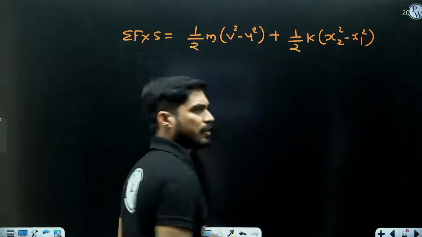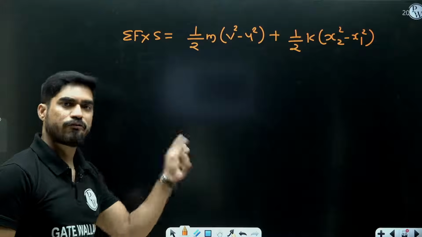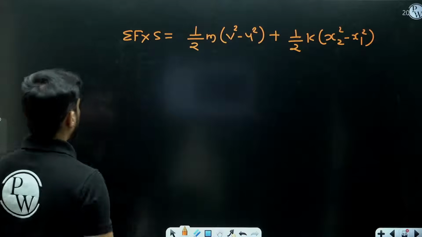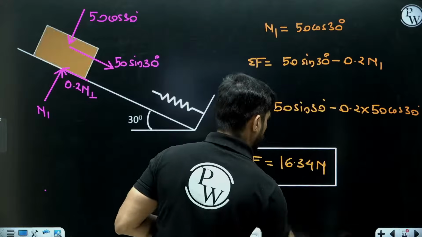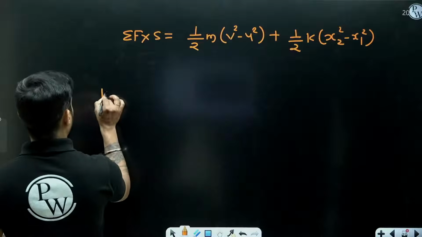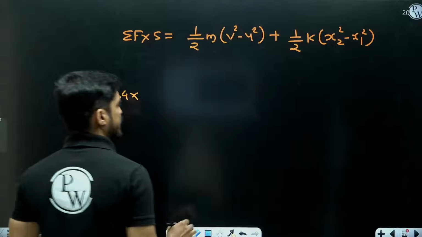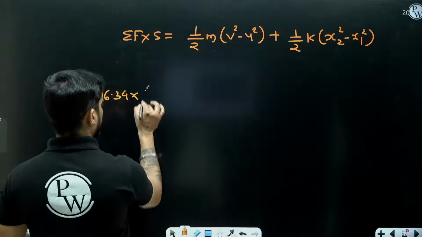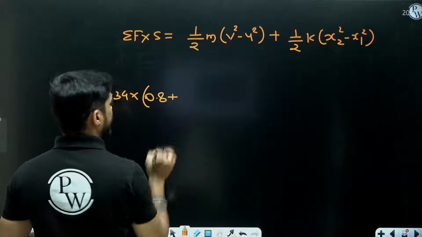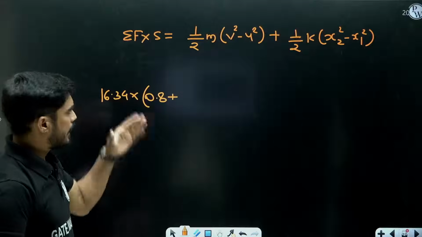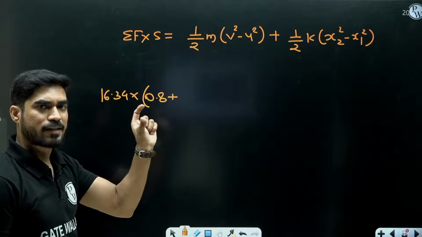What is x1? Initial compression. What is x2? Final compression. Okay. Now net force in the direction of motion is 16.34 Newton. What will be the total distance traveled by this block? First it traveled 0.8 meter, right? And then it traveled some more distance. How much?